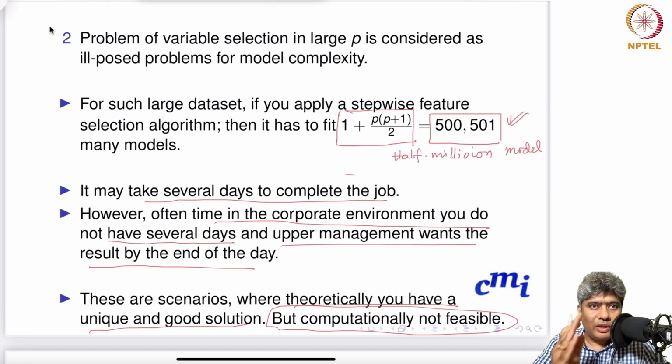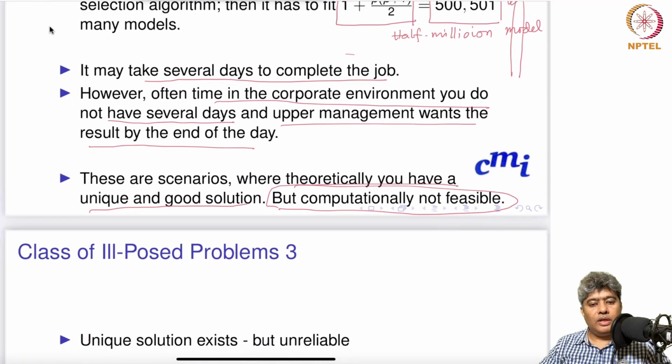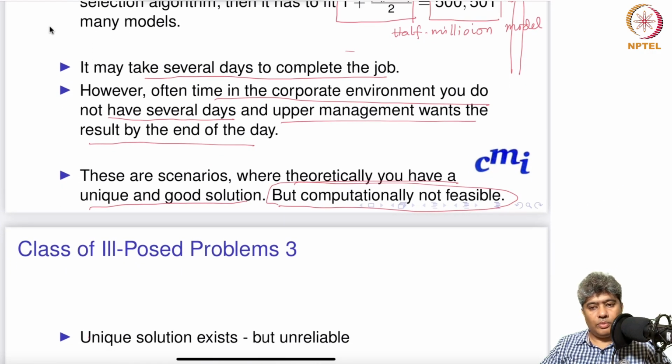Your time budget is within 24 hours, you have to finish this work. But you have to go through 500,000 models to find the best model, and each model has to be trained using 100,000 data points. So it is simply not possible. Given the computational facility, it is simply not possible to fit all these models.